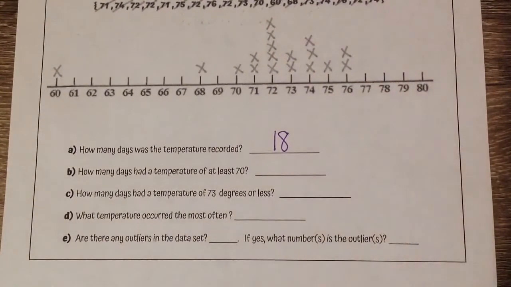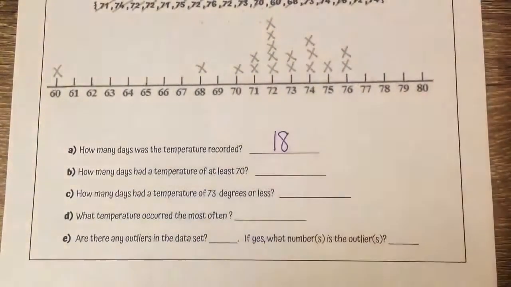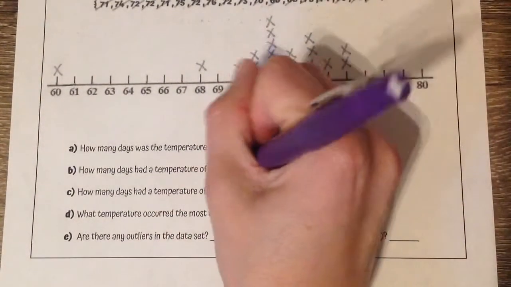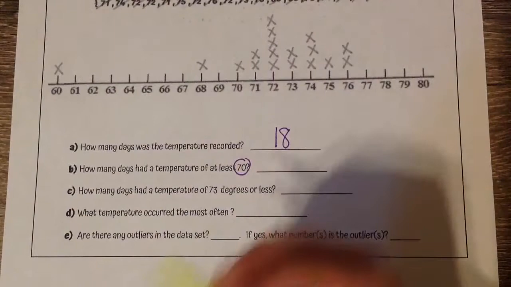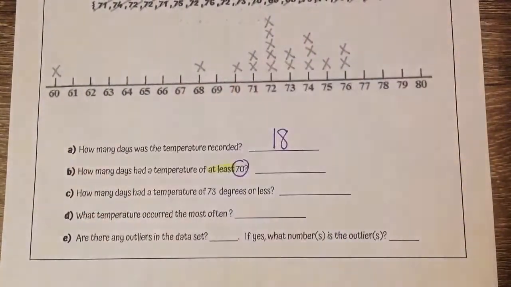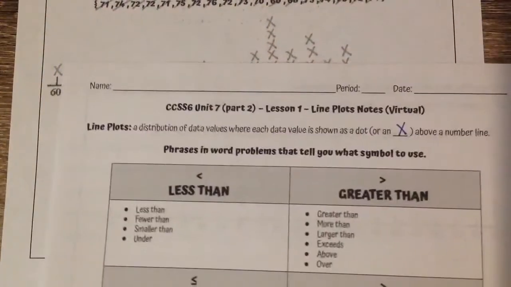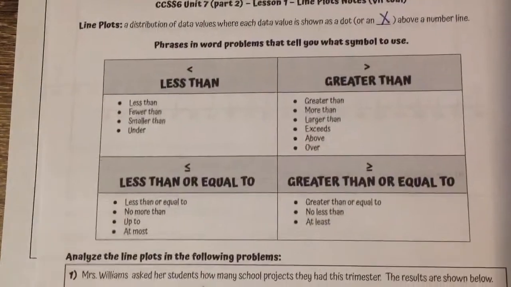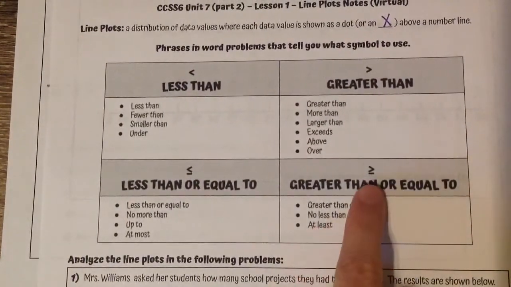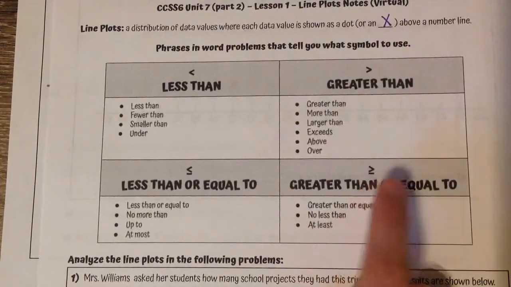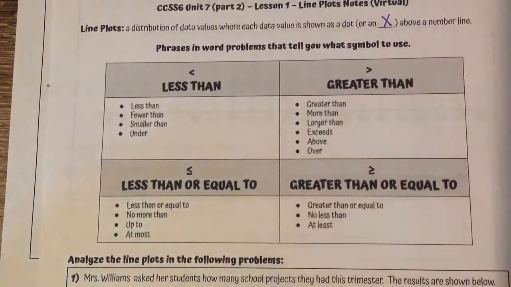How many days had a temperature of at least 70? So I'm going to circle my number here. I'm going to highlight the words at least, and then I'm going to look at my chart. At least, I see it here with greater than or equal to. So it's including that number and anything bigger, anything to the right.